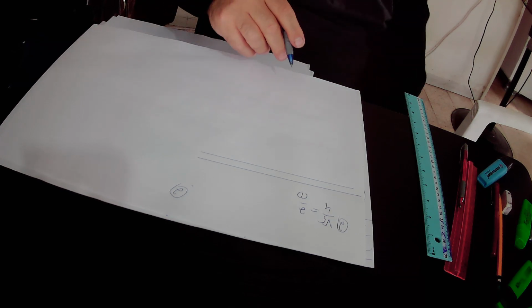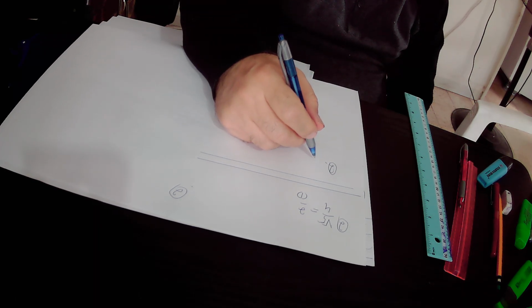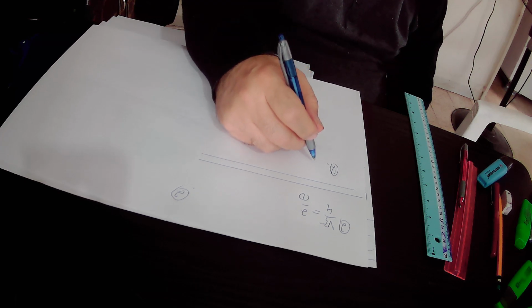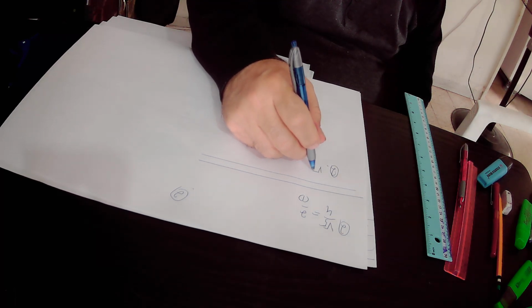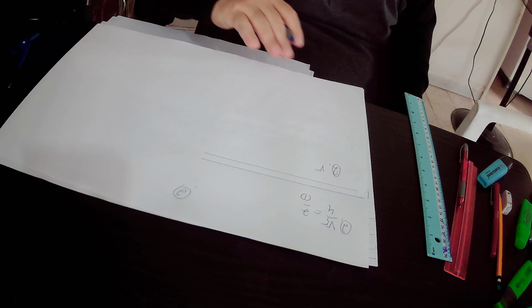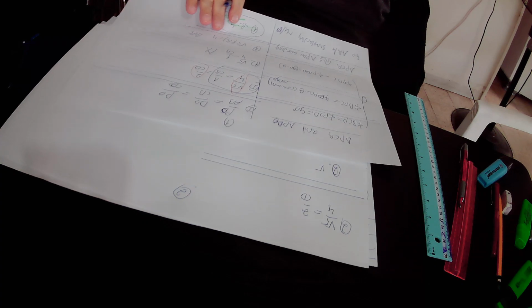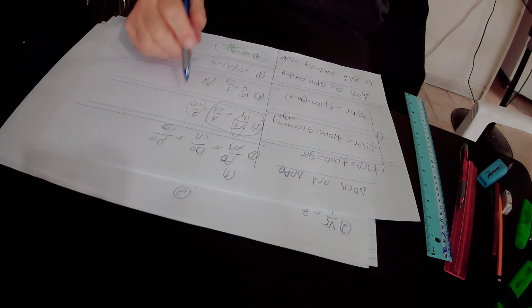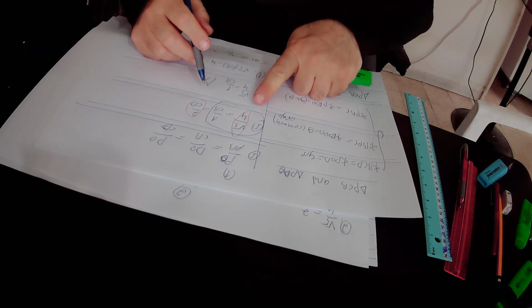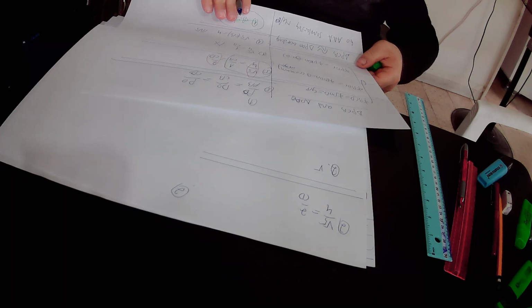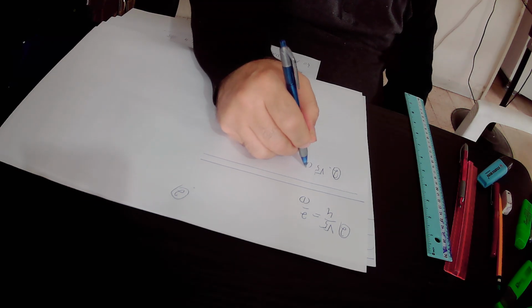Here we cross multiply this equation 2 and get that square root of 5 times CD.